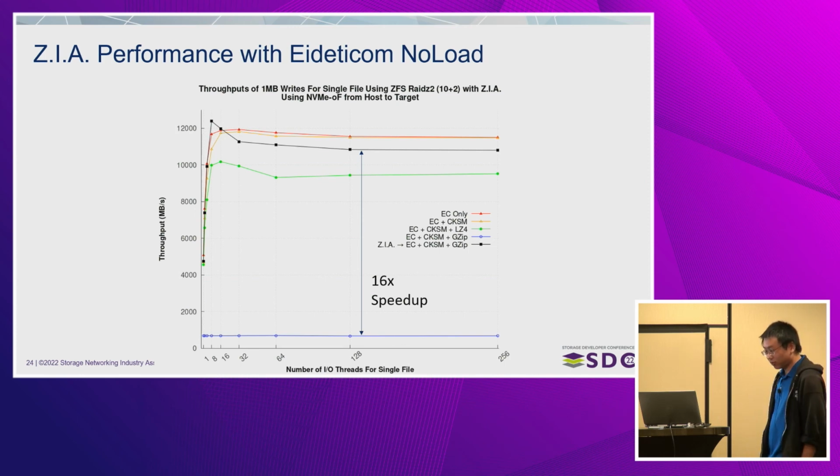Notice that not only is this line above the software gzip line, this line is also above the software LZ4 line, meaning that we're compressing data faster and better than what can be achieved in LZ4, meaning that we are using our storage systems far more efficiently than was achievable through software.